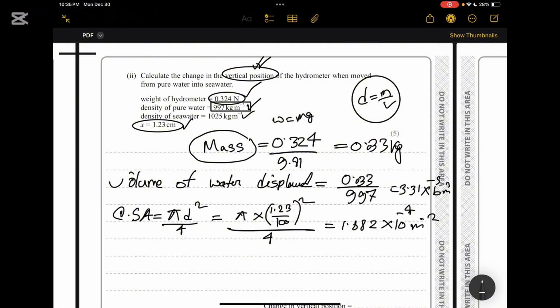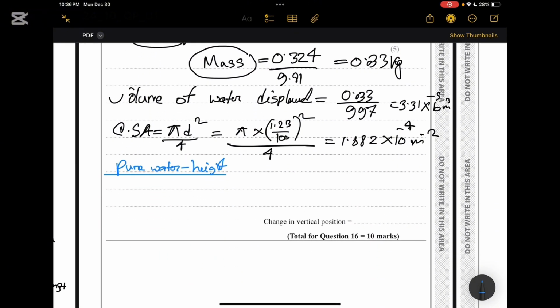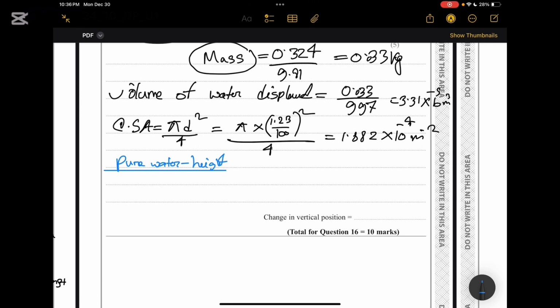As we have figured out the cross-sectional area, now we can figure out the height for the pure water. For this, we can take upthrust equal to rho Vg, but here the V becomes cross-sectional area into height.